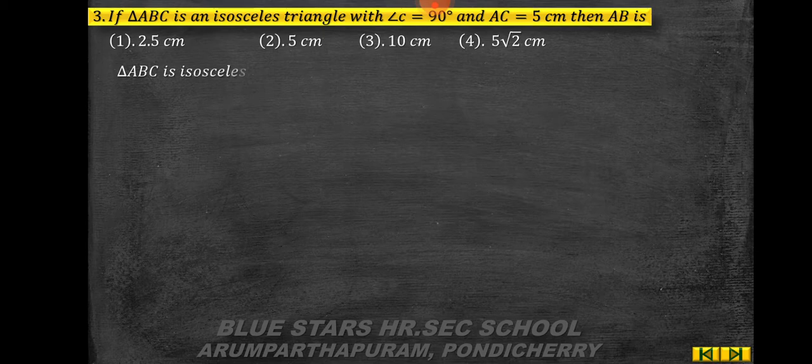Triangle ABC is isosceles. Angle B is equal to angle A, which is equal to 45 degrees.